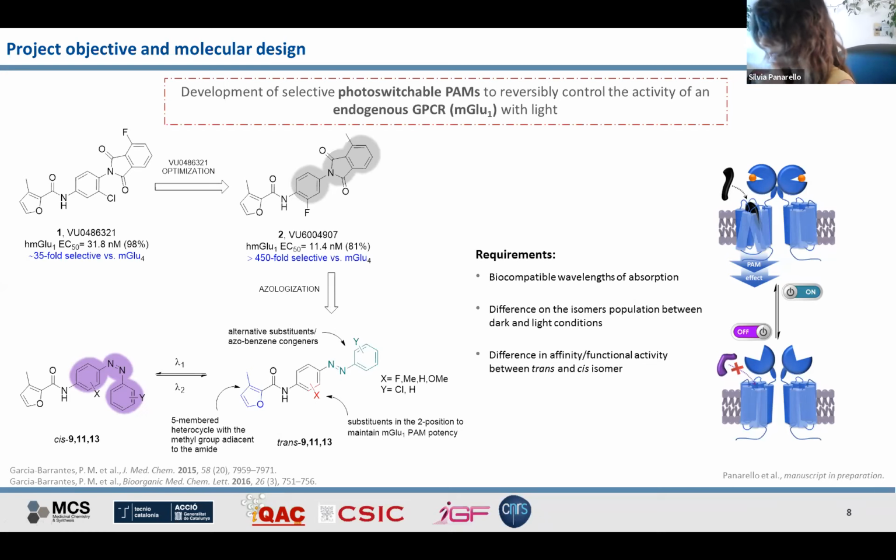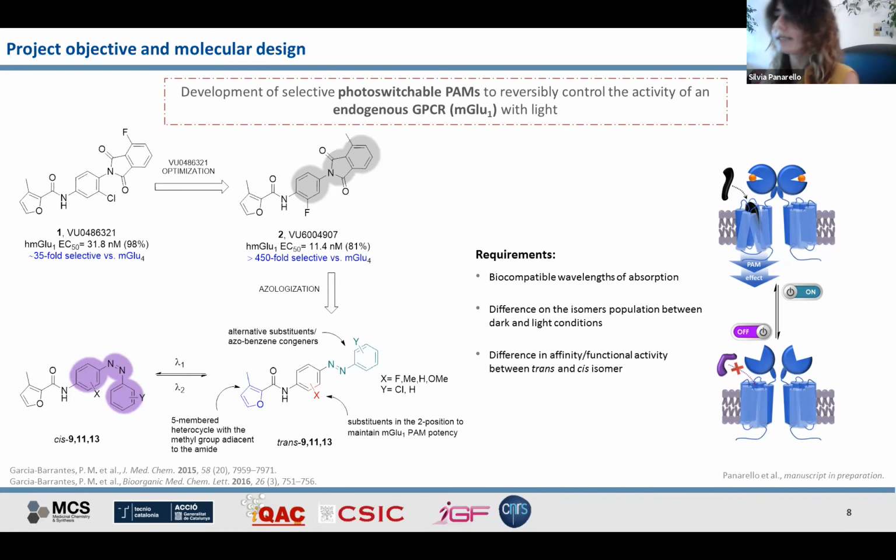In order to access an initial library of possible photoswitchable mGlu1 PAMs and survey the SAR for these three regions, we decided to maintain the 3-methylfuranylamide as the 5-member heterocycle in the molecular scaffold present in the VU series, deputed to enhance mGlu1 PAM potency.